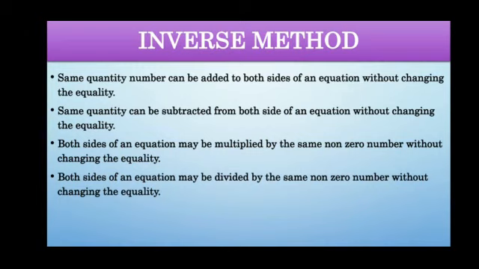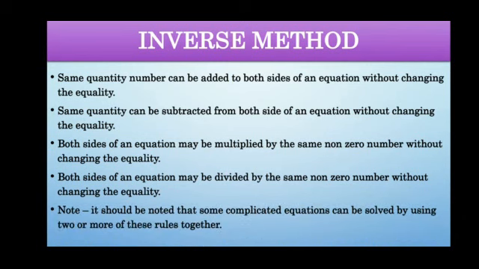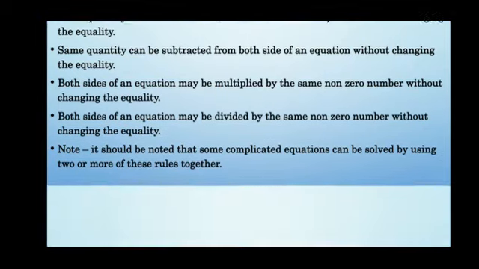Both sides of an equation may be divided by the same non-zero number without changing the equality. From the above rules, you can easily understand we never disturb the equality of the equation. Note, it should be noted that some complicated equations can be solved by using two or more of these rules together.